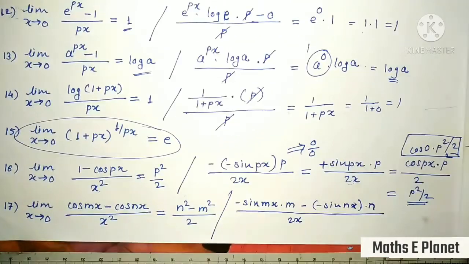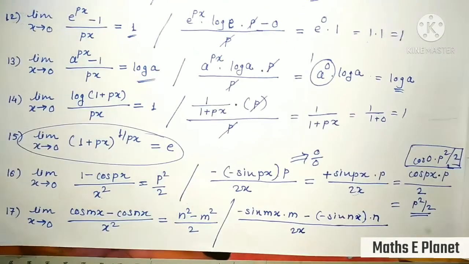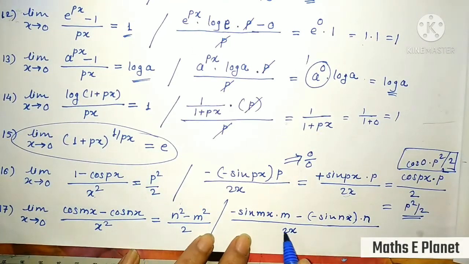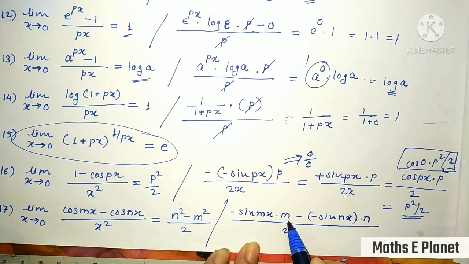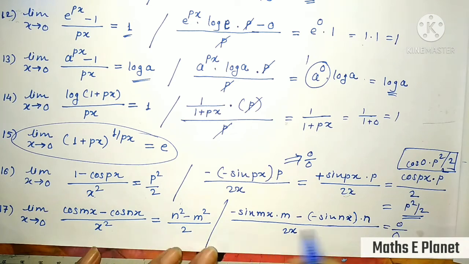Again, here also, if we put x is equal to 0, then we will get 0 by 0 form. So we have to differentiate once again. Before that you have to make a simplification here.